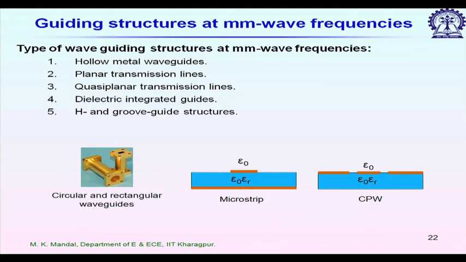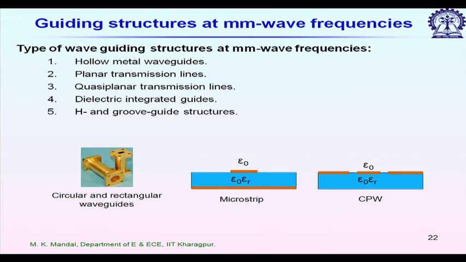So, different guiding structures. For this wireless medium, we send millimeter wave signal from transmitter to receiver without using any wire or any guiding medium. But when we design the millimeter wave system, let us say a transmitting system or a receiving system, inside we have many components.